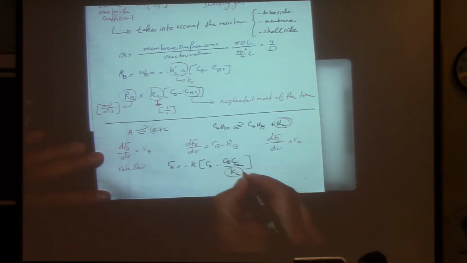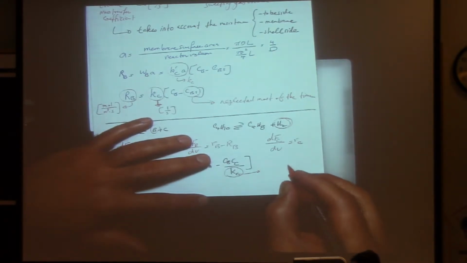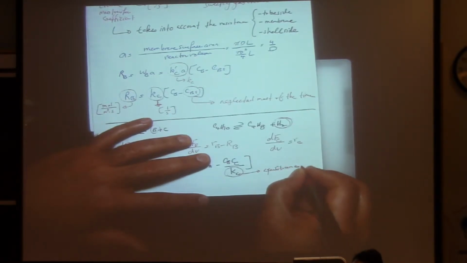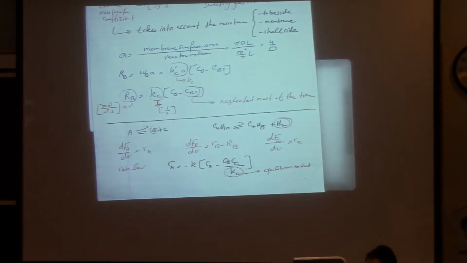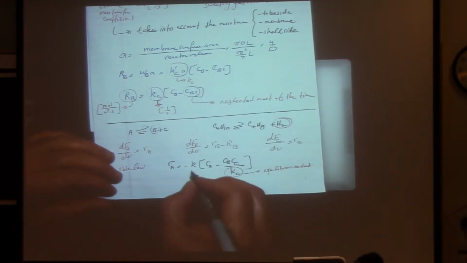This is again, as we had before, an equilibrium constant, which is the ratio of the rate constants, and this is a rate constant.